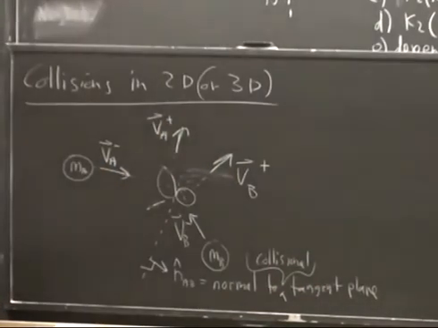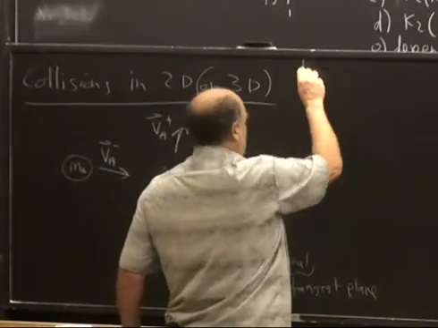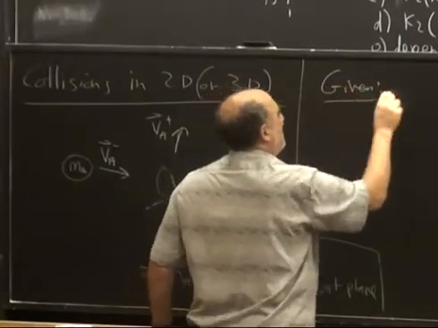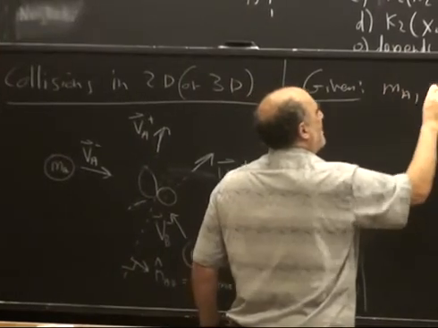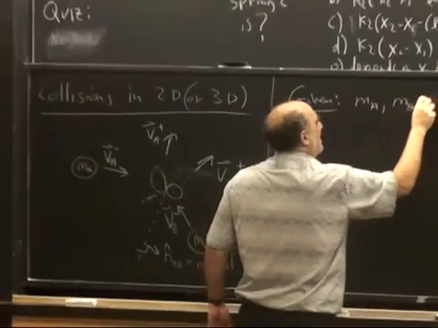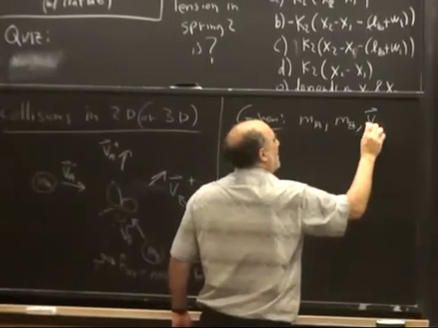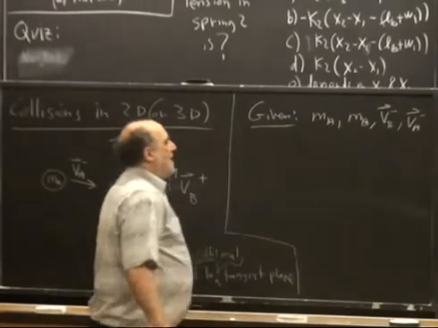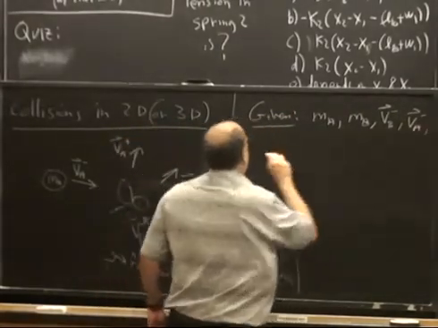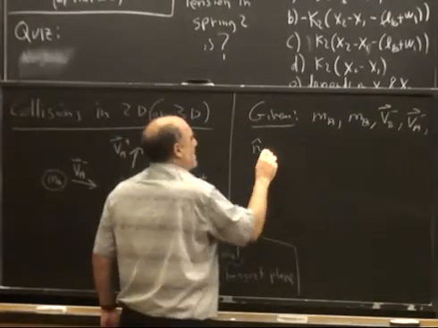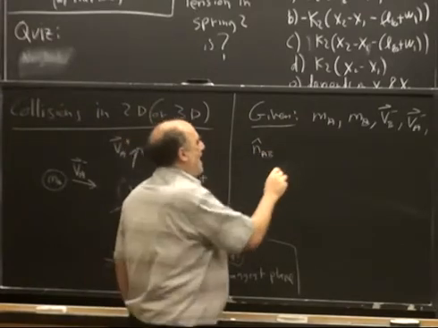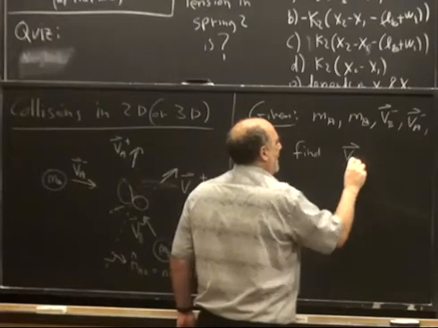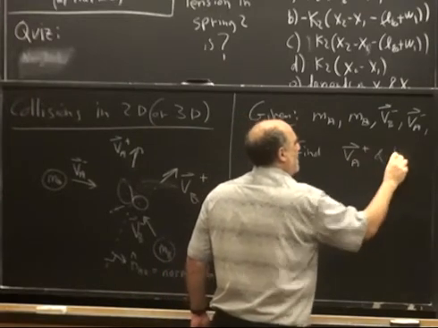Okay, so the question is, if we are given a bunch of stuff, let's say we're given this mass, we're given this mass, we're given the velocities of the balls beforehand, and we're given also this NAB, the tangent plane, can we find VA plus and VB plus?